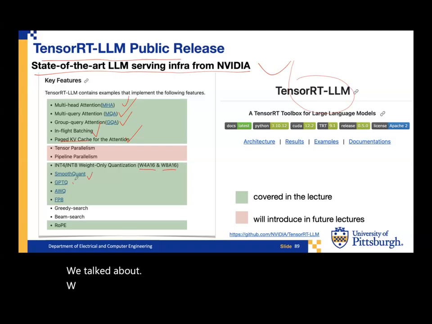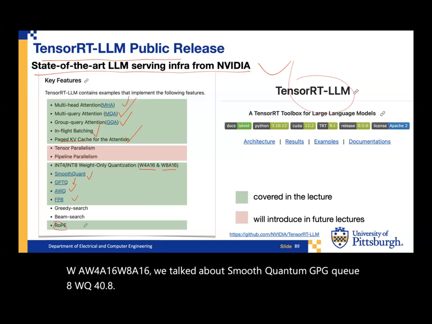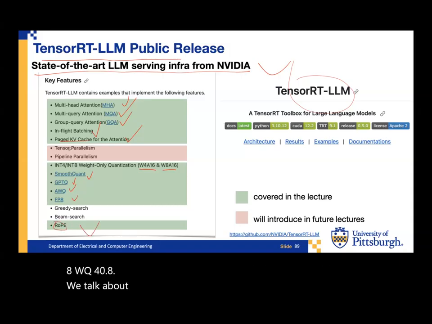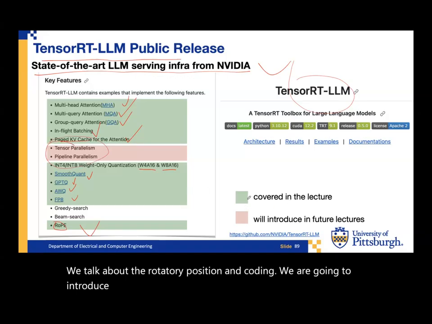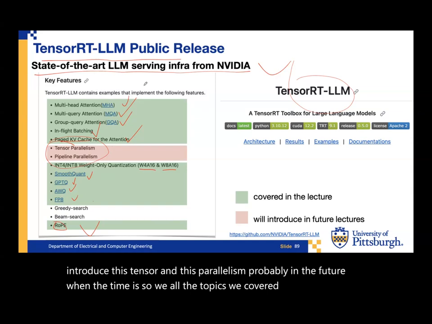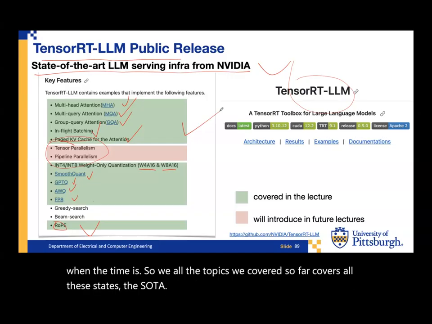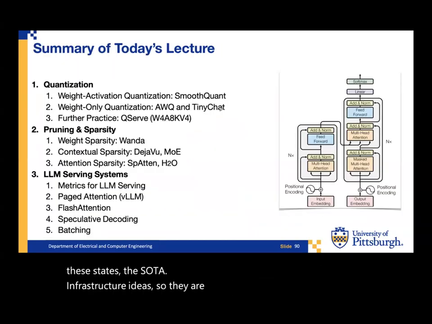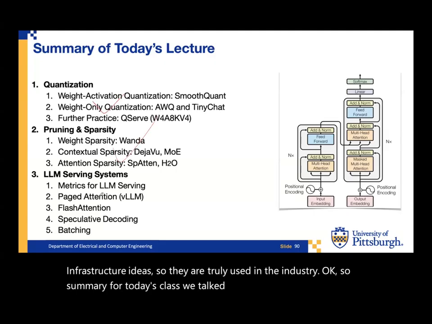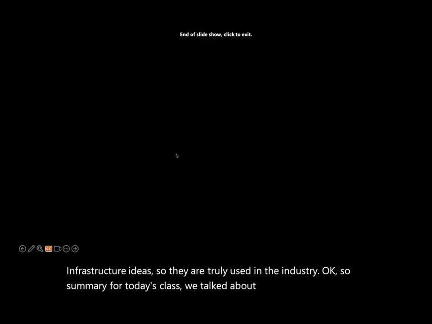We talked about SmoothQuant, GPTQ, AWQ, FP8. We talked about rotary positional encoding. We are going to introduce tensor parallelism probably in the future when time permits. All the topics we covered so far cover the SOTA infrastructure ideas, so they are truly used in the industry. So, summary for today's class, we talked about quantization, pruning, serving, and all that.